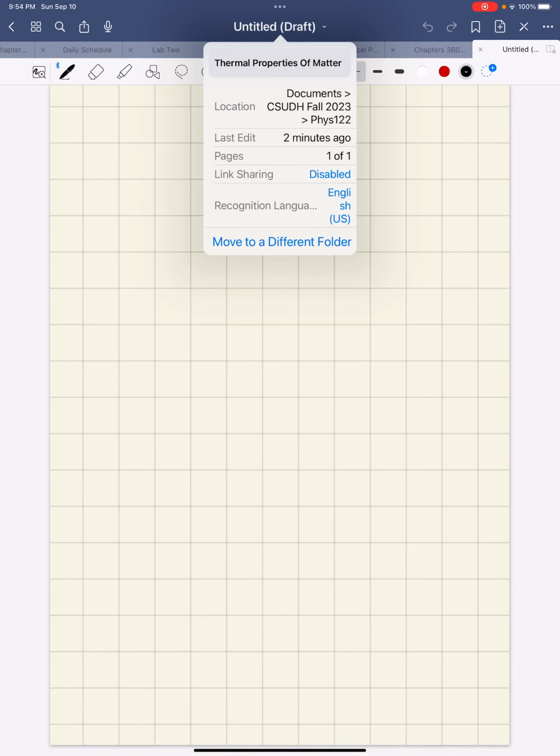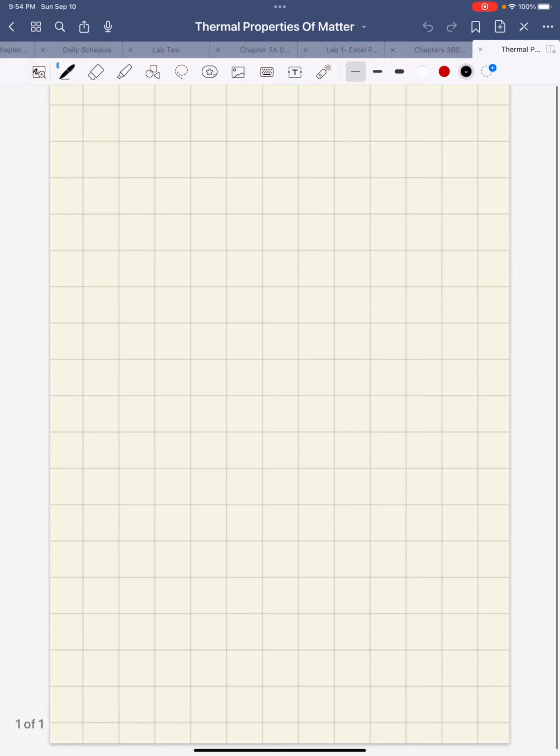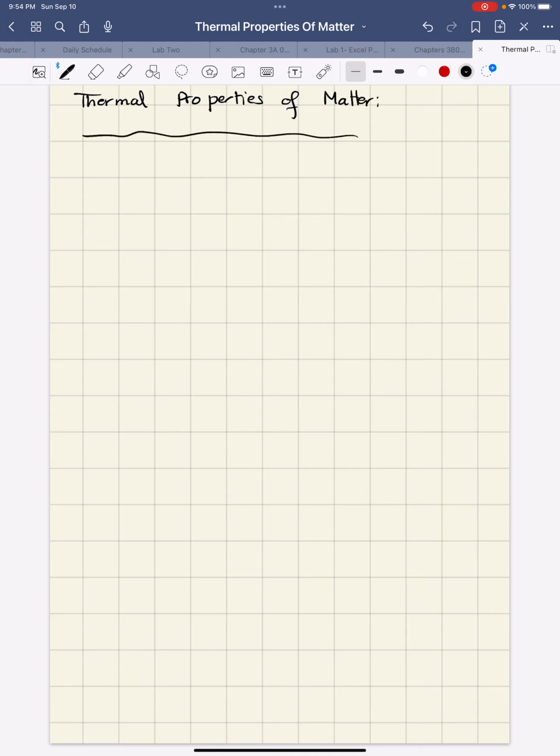We are going to introduce in this chapter, in this video, thermal properties of matter. And here we need to differentiate between two points of view.